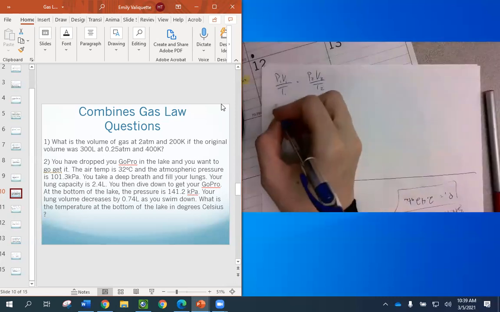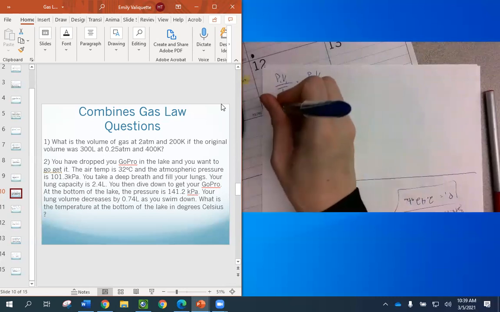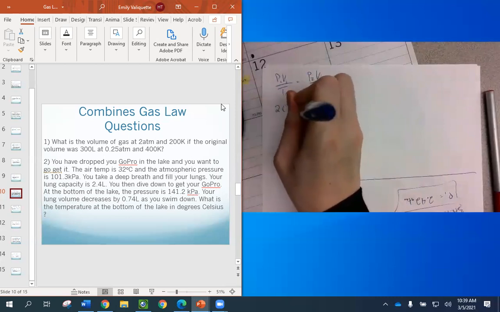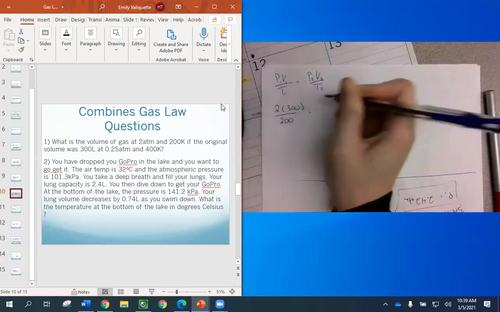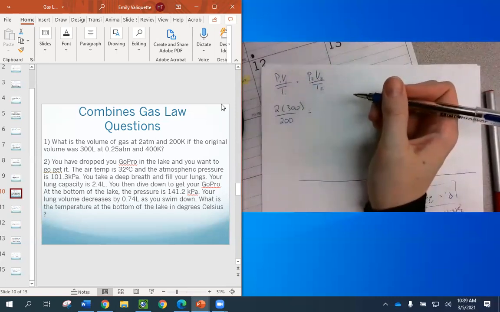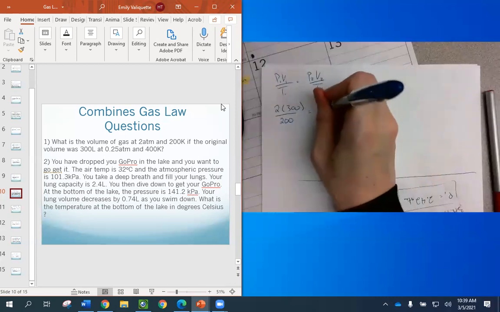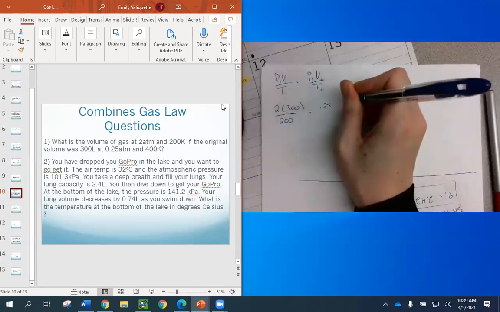Anyway, I'm going to plug in my 2 atmospheres of pressure, my 300 liters of volume with my 200 Kelvin of temperature. And then my second pressure is 0.25 atmospheres.